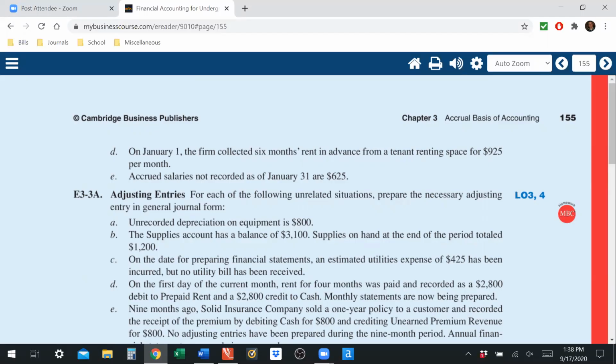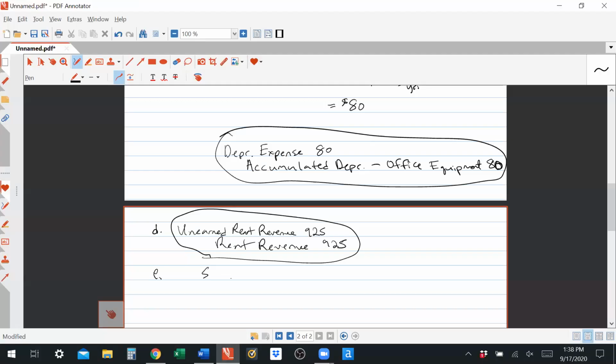So we debit salaries expense for $625. If we paid them cash right then, we would credit cash, but we didn't. So we would credit a liability, salary payable.